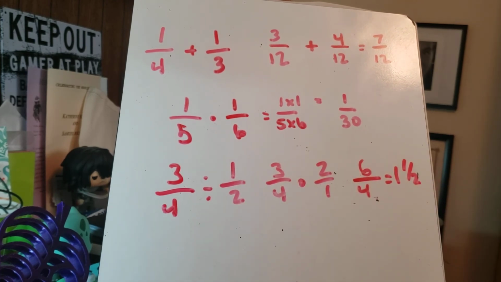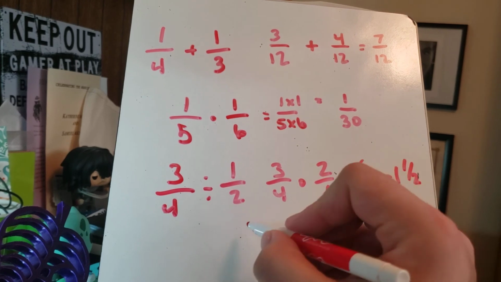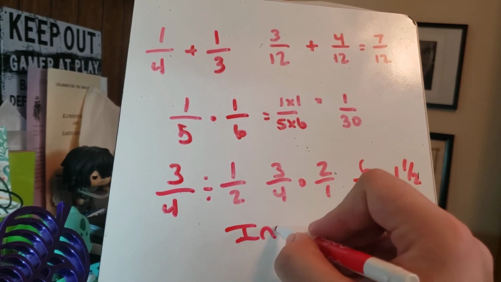Those are some basic fraction things that we're going to need to be able to do in algebra. You're going to have to be able to add fractions, subtract them, multiply, and divide them. And you're going to have to be able to flip them. When you flip a fraction, it's called the inverse.